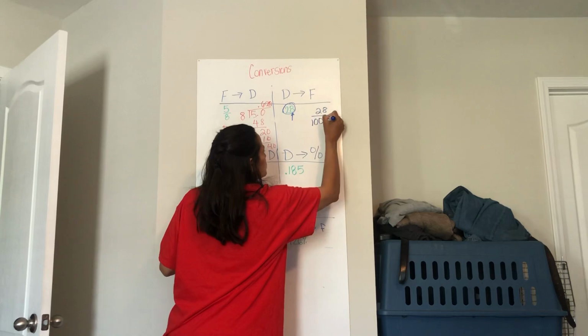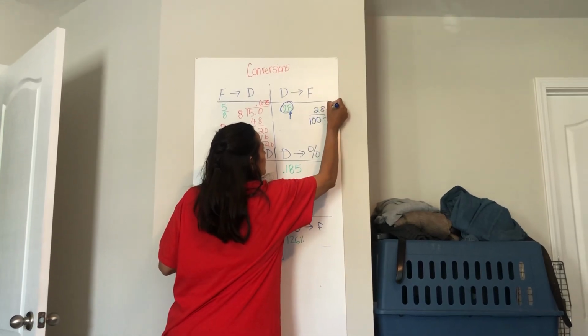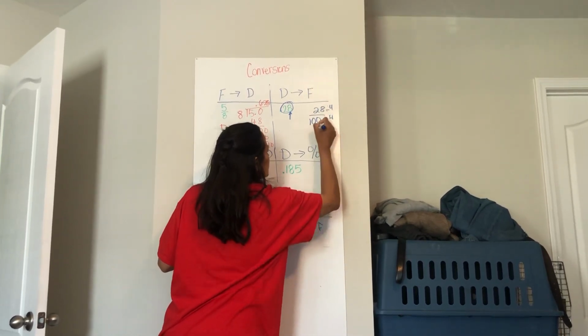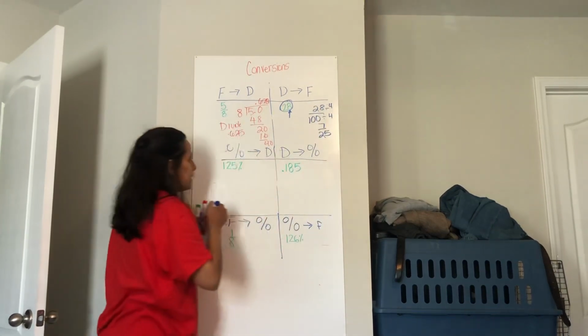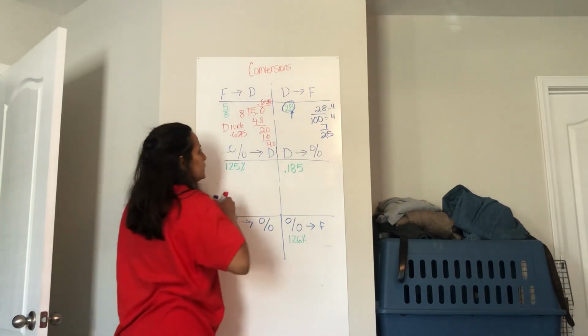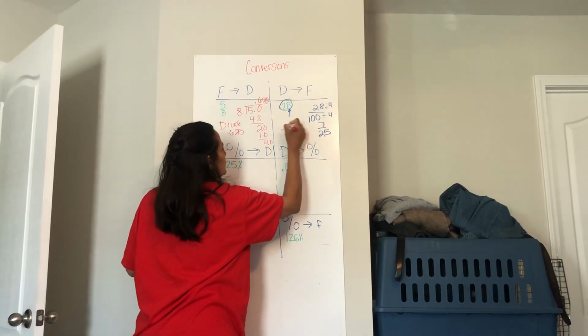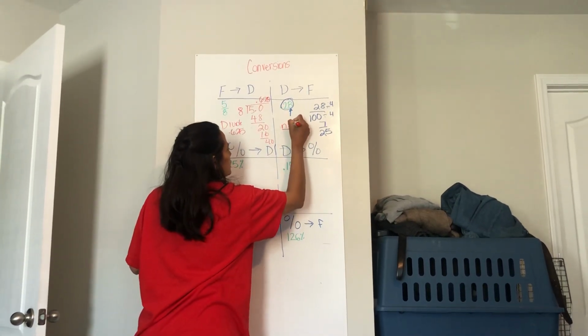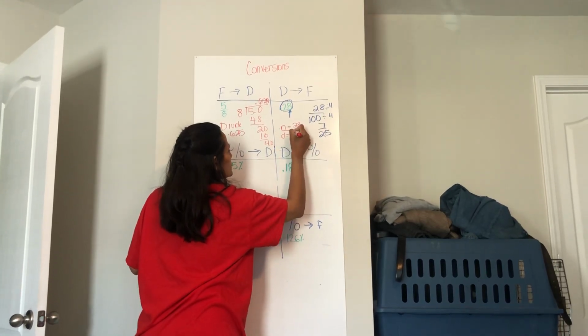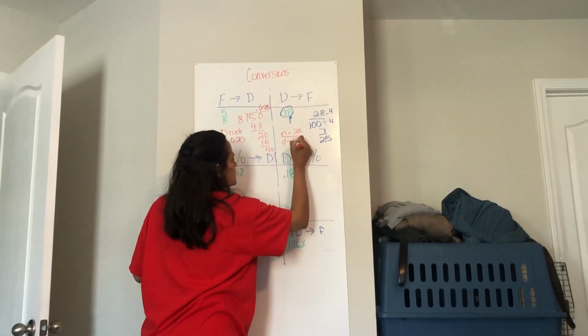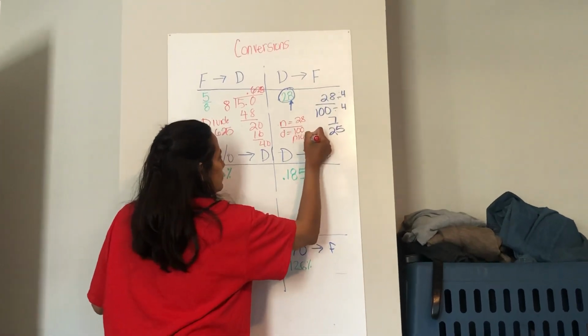And I will have to reduce. And so this answer becomes 7/25. So remember here, the numerator was equal to 28 and the denominator was 100, which is the place value.